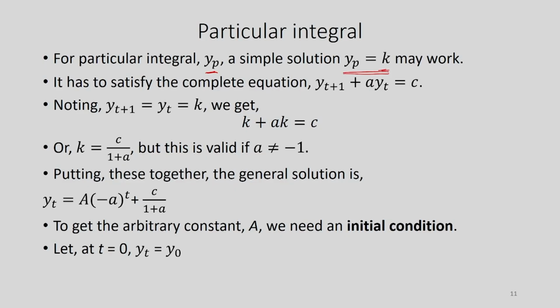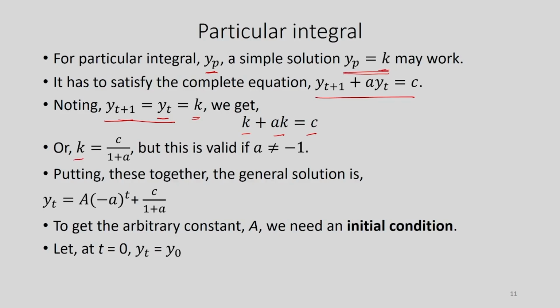Now, if k is constant, then y t plus 1 and y t, both of them will be equal to k, because k does not change with respect to time. And I substitute these things in this equation. So, what do I get? k plus a k is equal to c, right. So, that means that k is equal to c divided by 1 plus a.